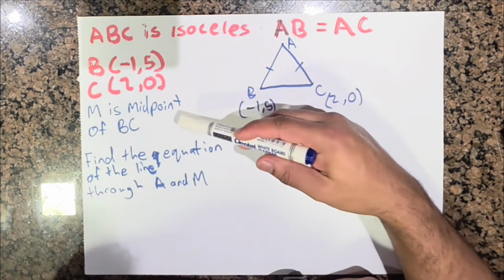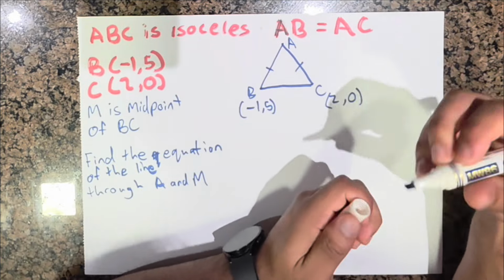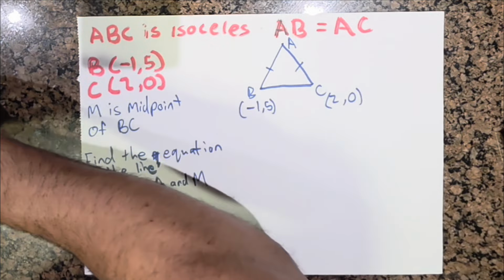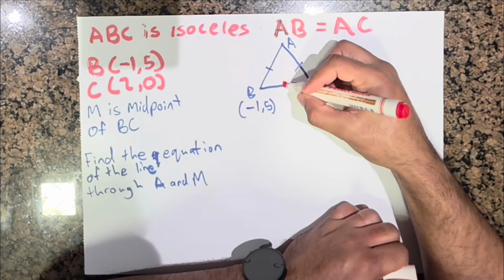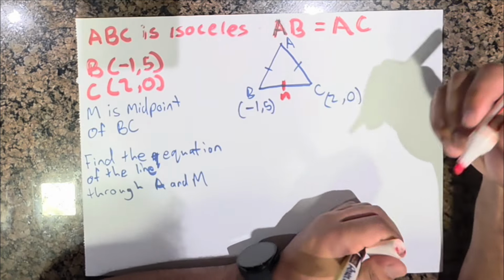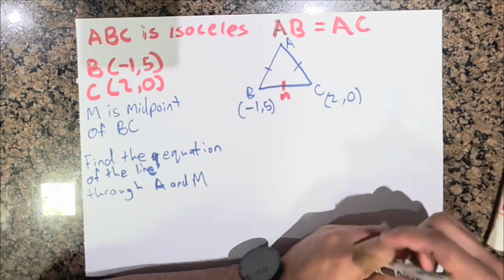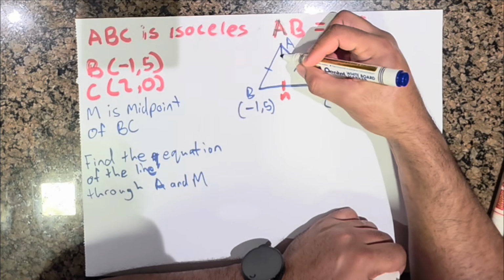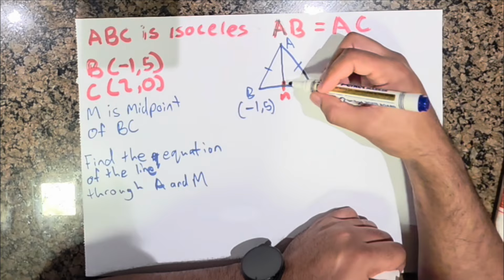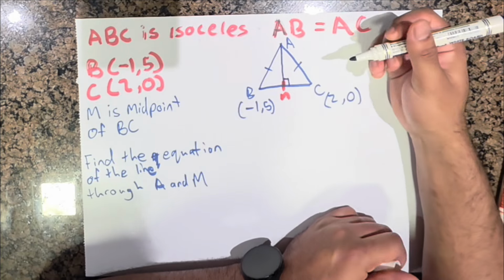So they say that M is the midpoint of BC. Okay, so this also takes some prior knowledge of shape and space. If M is this point, not only is that the midpoint, but also for an isosceles triangle, if you draw a line down from A to the midpoint, this meets at 90 degrees, okay?